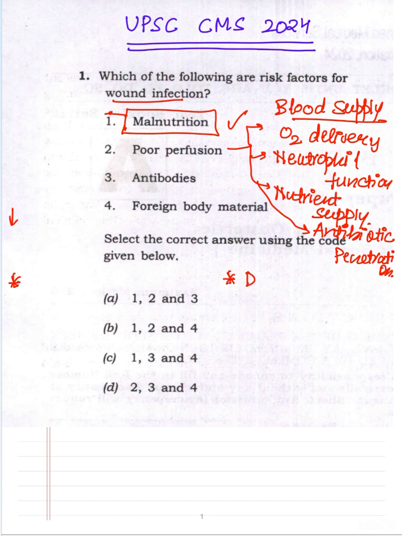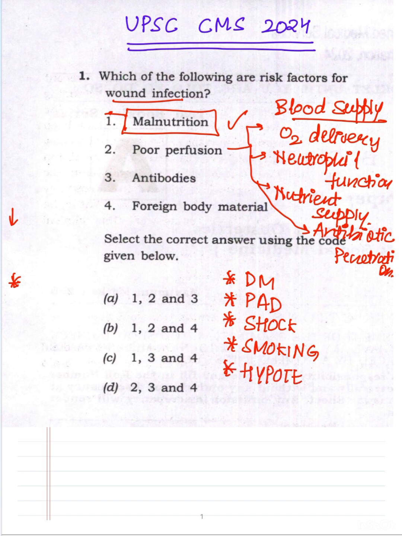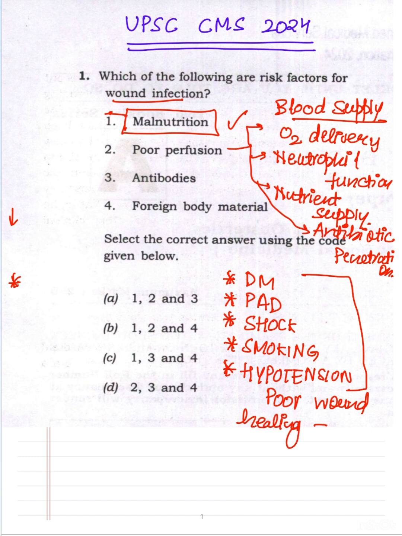And that's why poor perfusion occurs in diabetes mellitus, peripheral arterial disease, shock, smoking, and hypotension. And this all leads to poor wound healing, plus increased infection.